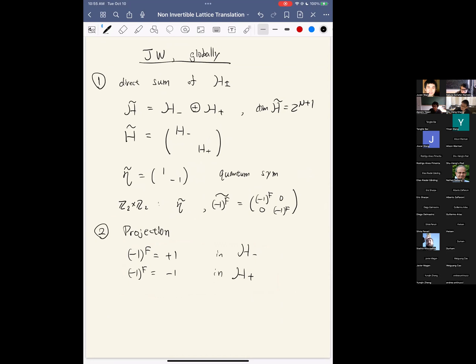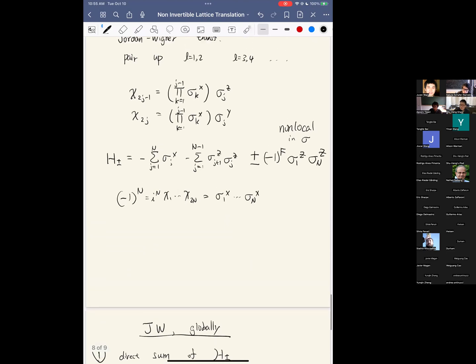Shu-Heng, can I ask a quick question? Yes. So this H plus that you get after this naive Jordan-Wigner transformation on the Kitaev chain, is that related to the transverse field Ising model up to a conjugation by UKW? Oh, that's an interesting question. I think the answer is yes, but I haven't done the calculation.